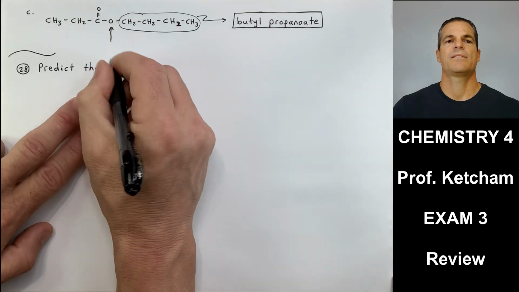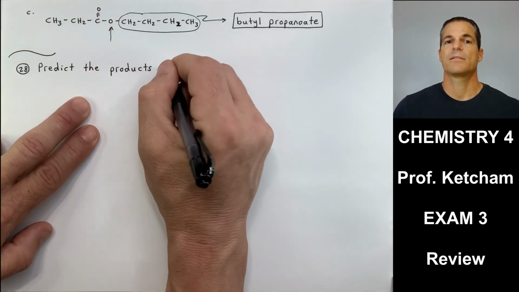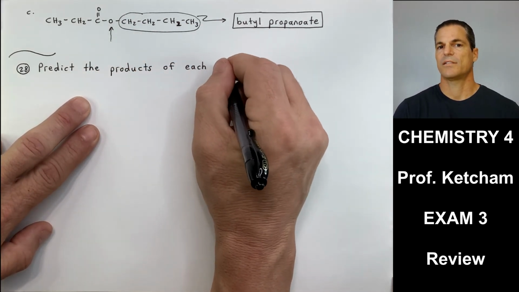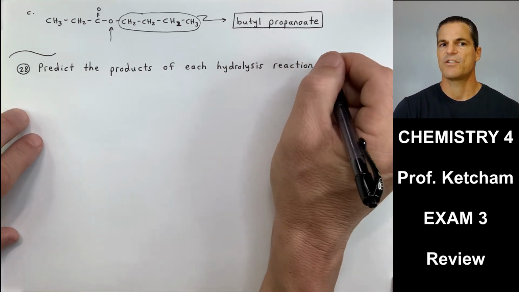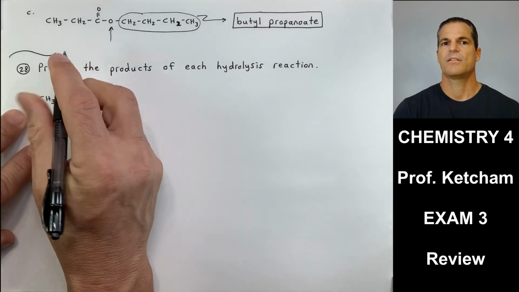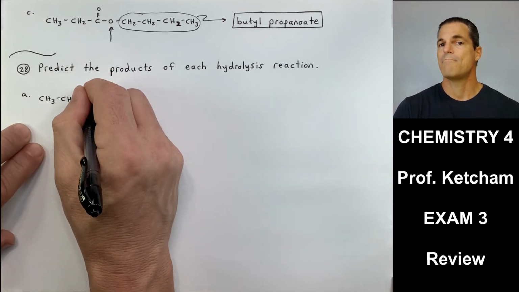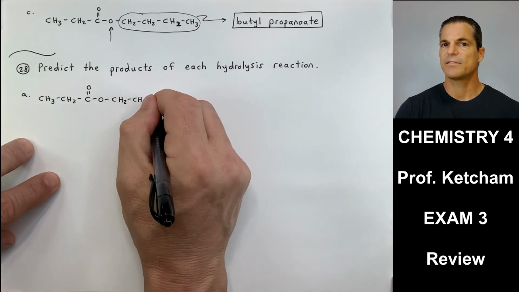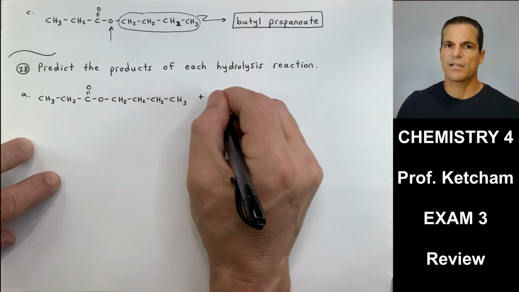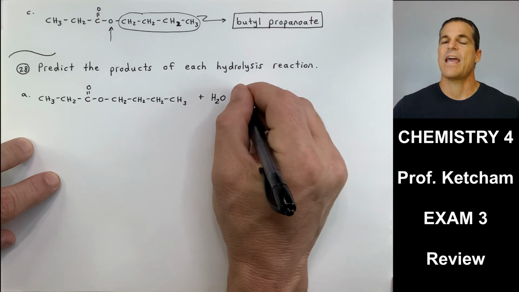So number 28 says, predict the products of each hydrolysis reaction below. So this is going to be the opposite of the esterifications we saw on the last page. This is going to be hydrolysis. We're not making esters here. We're breaking esters up into, you guessed it, alcohol and carboxylic acid. So notice you have to add water to this.